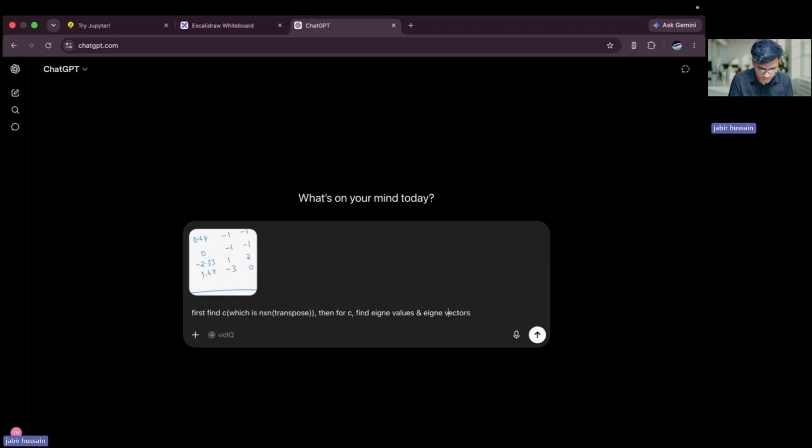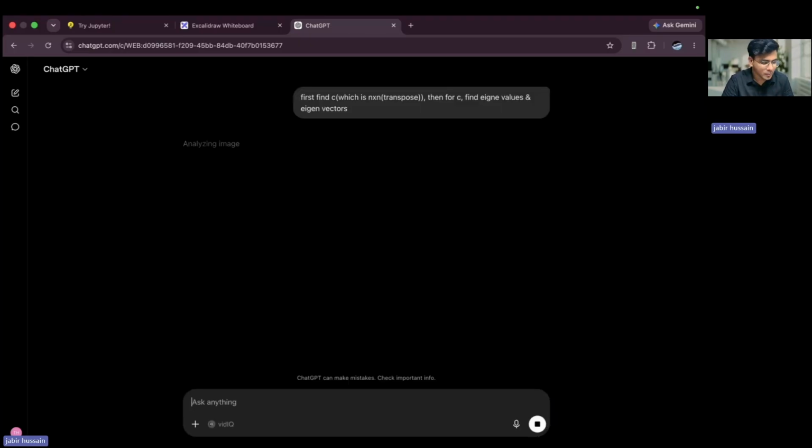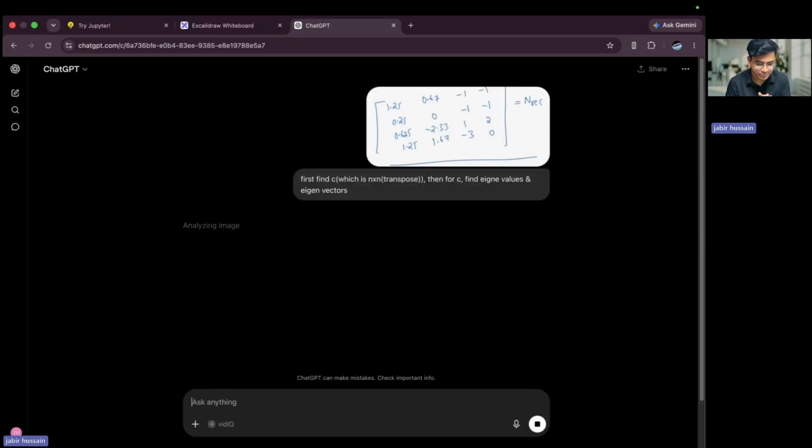Let's hope for the best. We won't get any imaginary or complex numbers in between, because I haven't checked it. I just wrote an example in my notebook. Once we get eigenvalues and eigenvectors, we can find sigma, and then I can tell you how we are going to truncate the values.